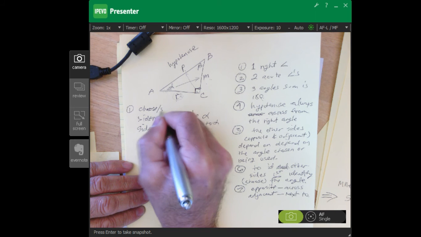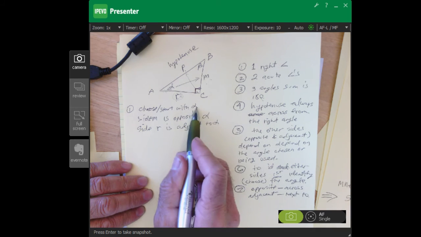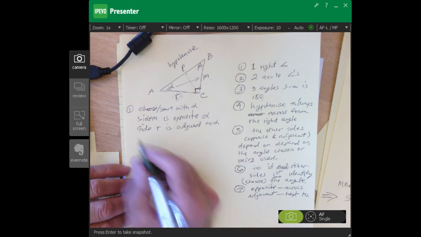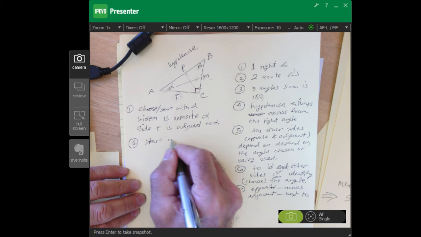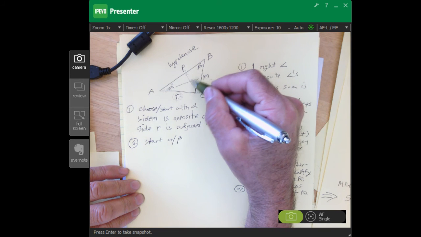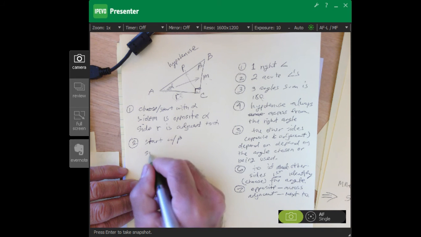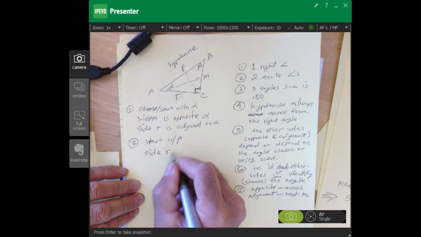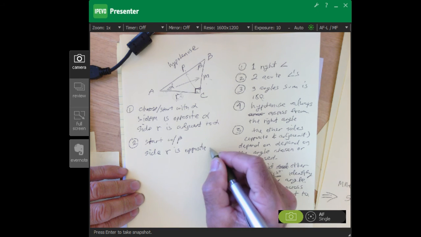Choose or start. If you start with alpha, that's what you got. If you start with beta, then we start here and we go straight across, and the opposite side is R, so it's going to be switched. So side R is opposite of beta.